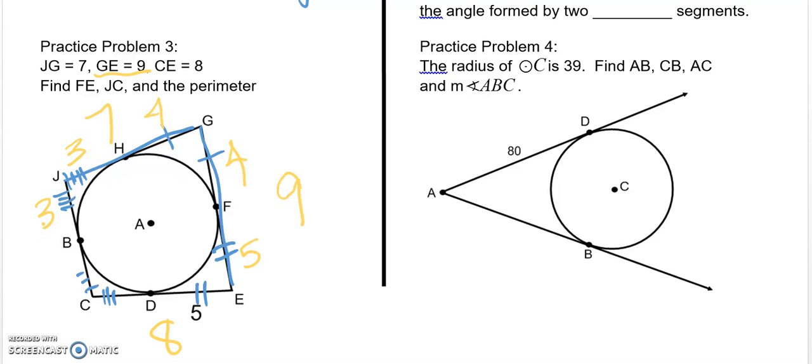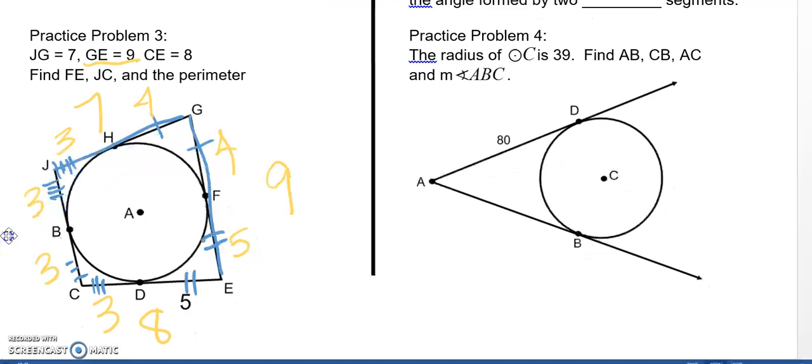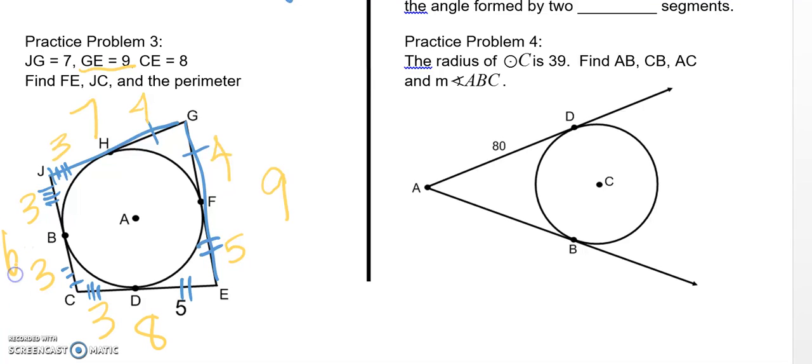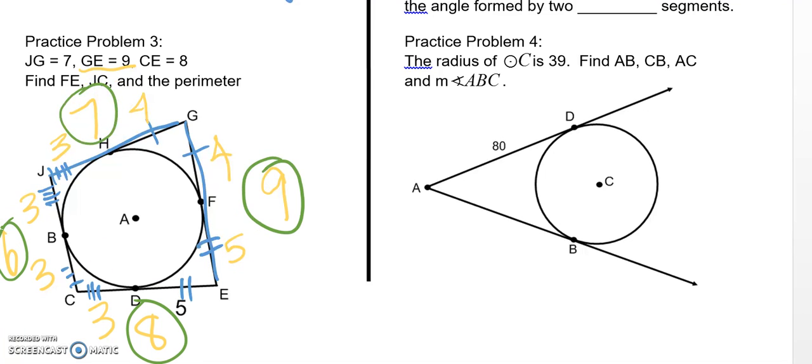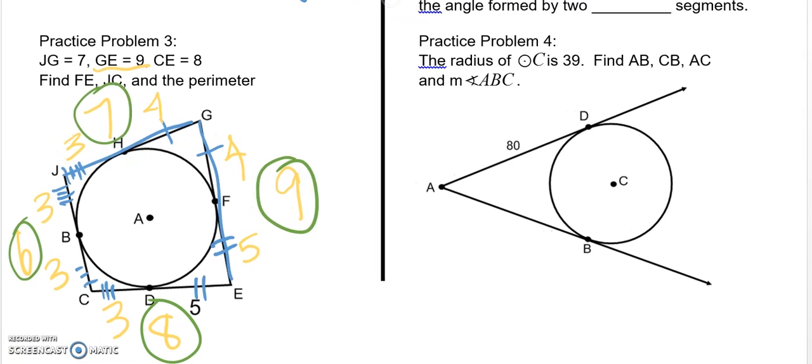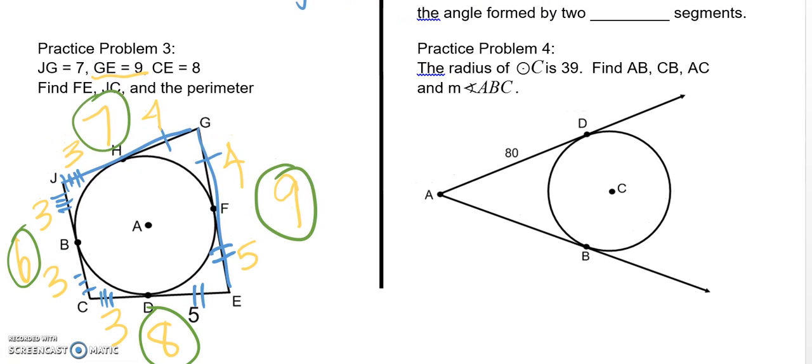Those have to be the same. Then this is 5, so this has to be 3 so that it's 8. So that has to be 3. So this is 6. Oops. So then our side lengths are 7, 9, 8, and 6. And then when you add those all together, you get 30.